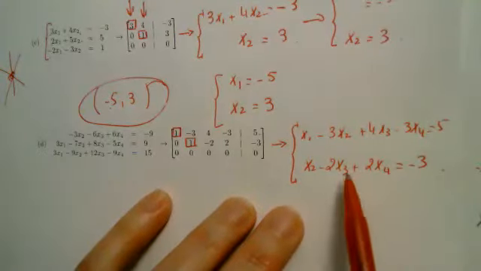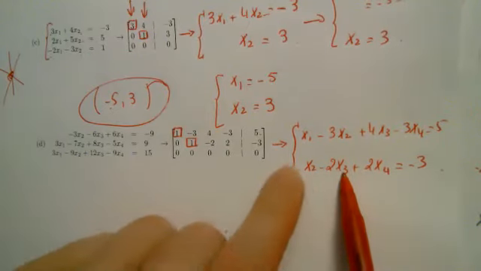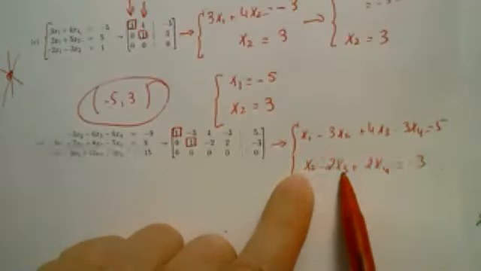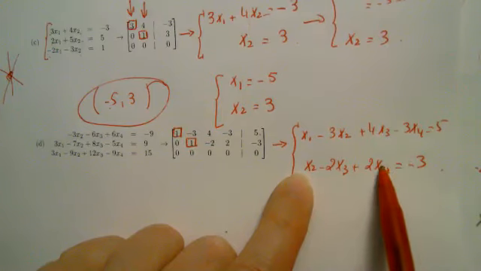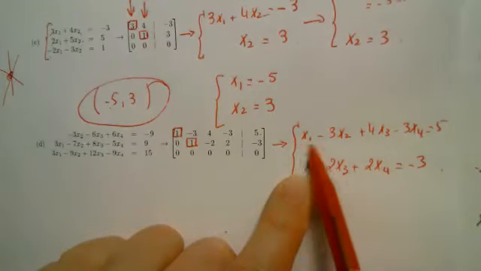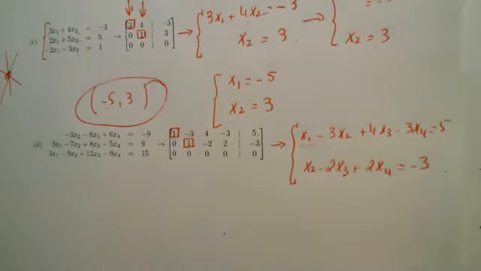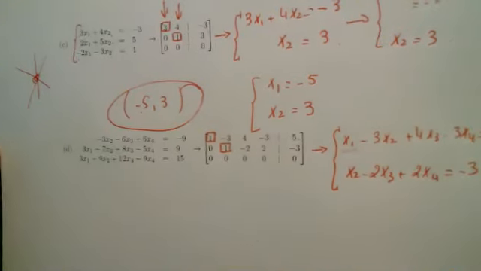Every time you give x4 and x3 a different value, you can come up with a value of x2.